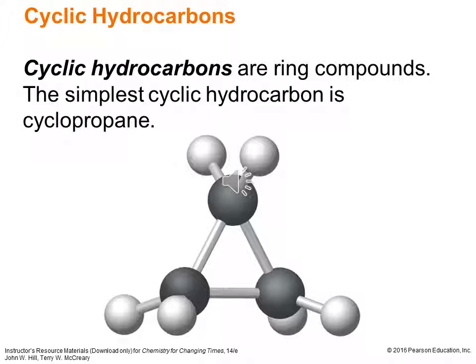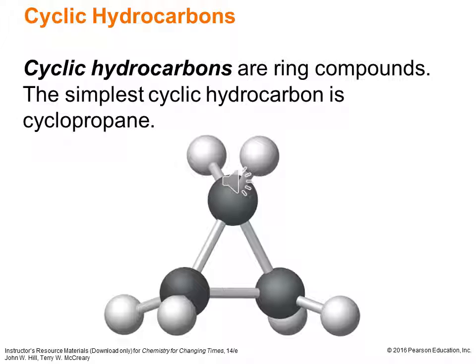So there's a lot of strain, but it does exist, and it's relatively stable enough to exist. So that's your simplest cyclic hydrocarbon, although 4 rings, 5 rings, and in particular 6 rings are much more preferred in nature.